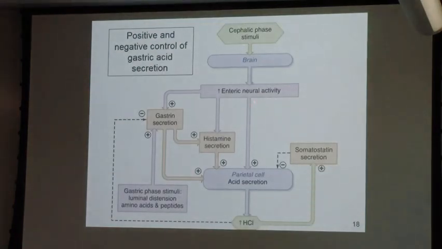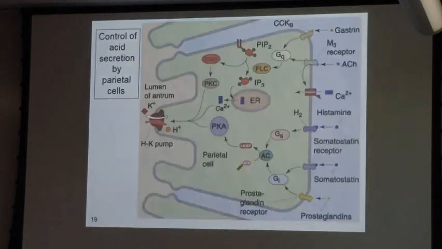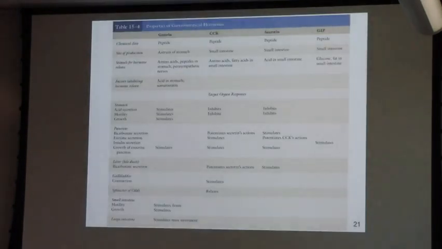Right there, activating gastrin secretion. If you have a very low pH in your stomach, like between meals, that inhibits gastrin secretion. Those are what trigger and inhibit gastrin secretion by the endocrine cells of the stomach.